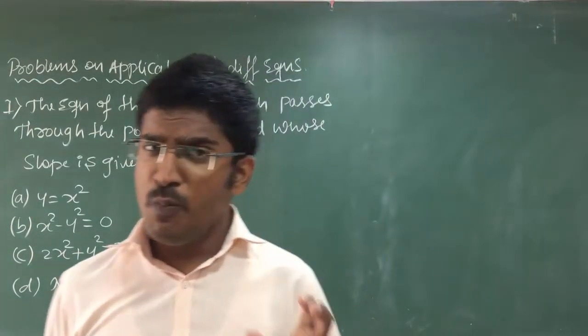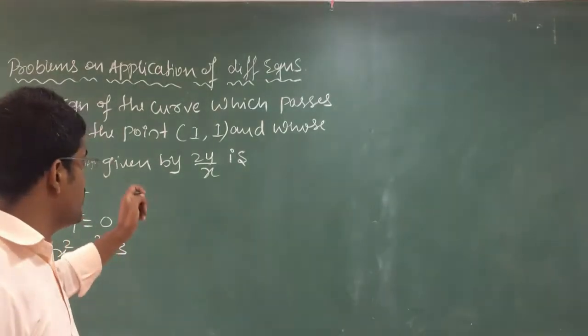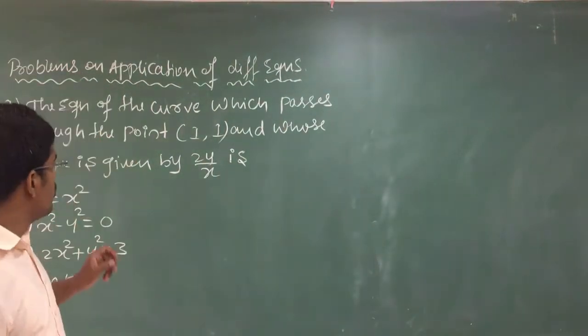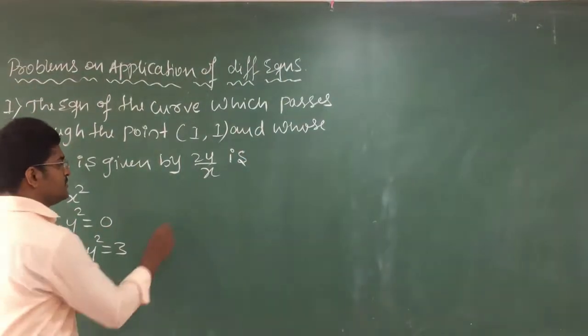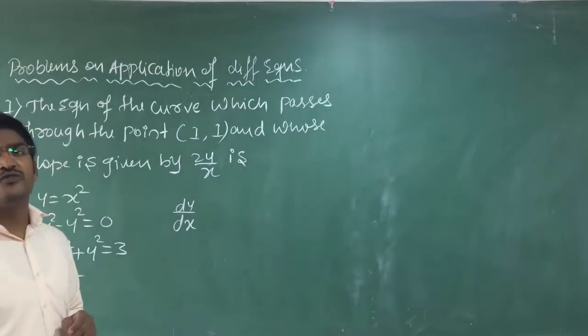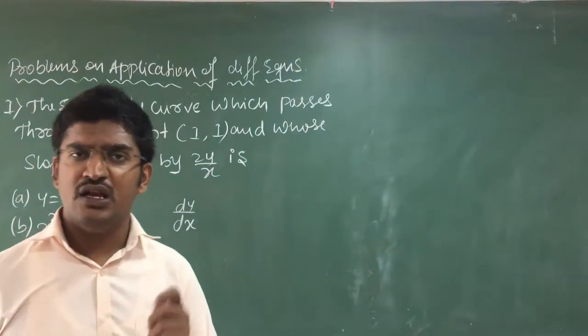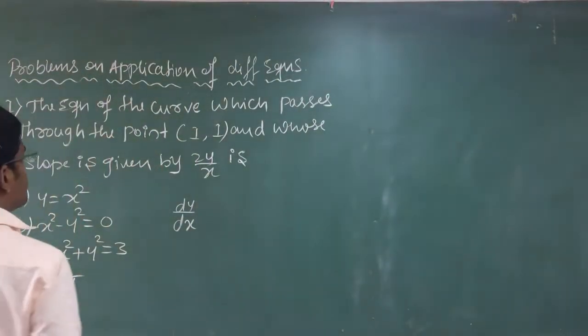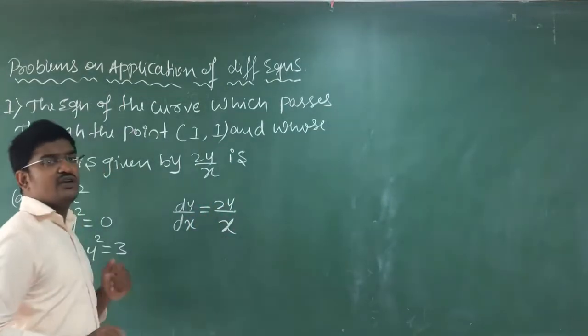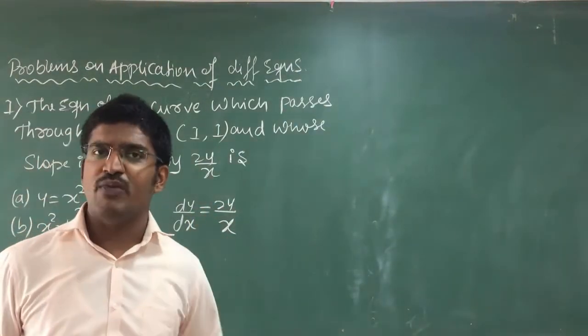You know that the slope of the curve means dy by dx. So here the slope of the curve is 2y by x. That means dy by dx equal to 2y by x.